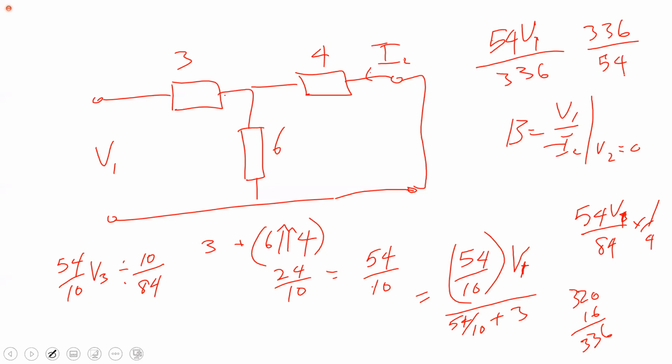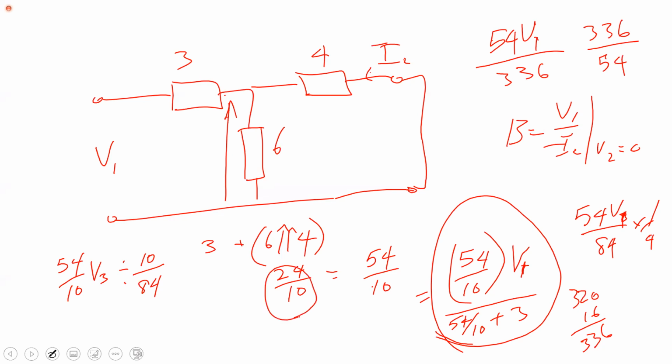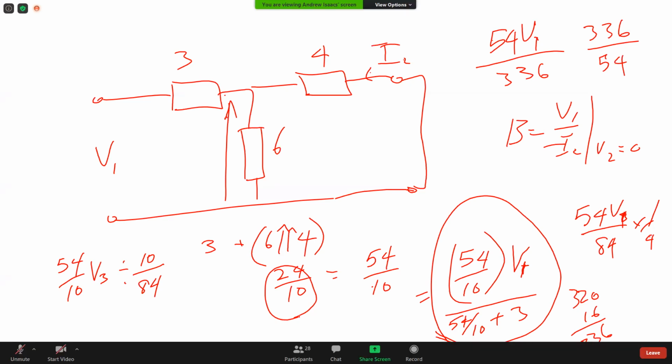Sir, aren't you looking for the voltage at the 4 ohm resistor? The division we have here: you have 6 parallel 4 times V1 divided by 6 parallel 4 plus 3. So the 6 parallel 4 is 24 over 10, times V1, right? Yes, sir.